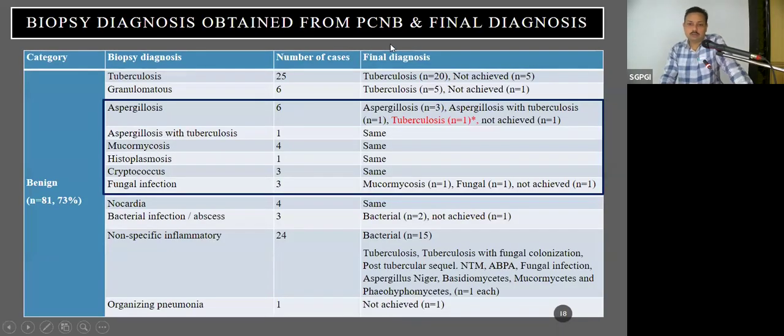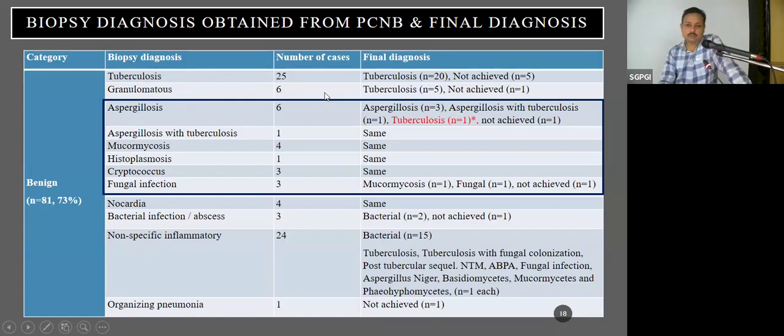Now coming to the spectrum of cases which we have seen in our study, and also the final diagnosis. The first column is the biopsy diagnosis. The most common was tuberculosis, which was either reported as tuberculosis, or sometimes only granulomatous inflammation was reported.